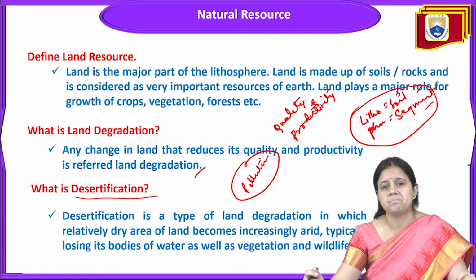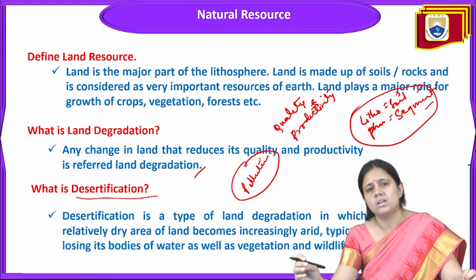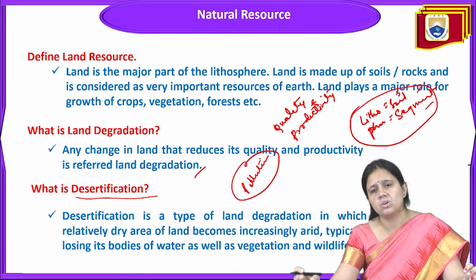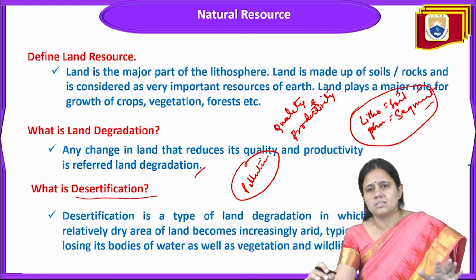Land degradation means deterioration in the quality of land, at such a level that the land becomes very dry, with increasing aridity of soil, and it loses all living organisms surviving on this land, and in this way it is converted into a desert land.